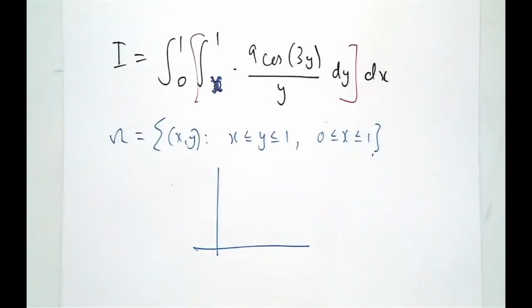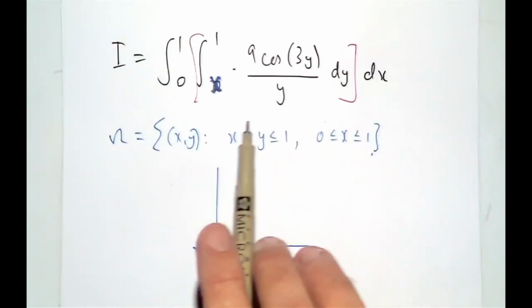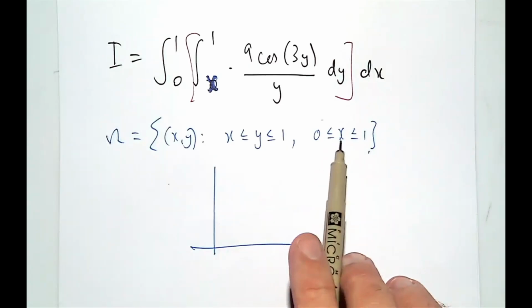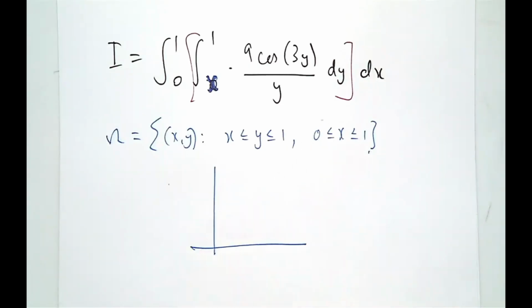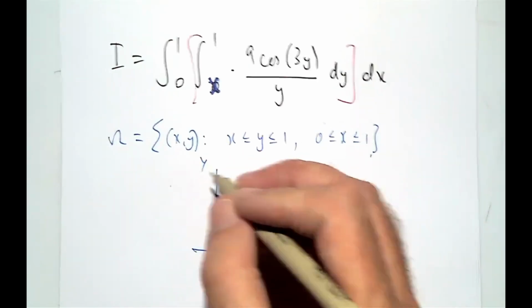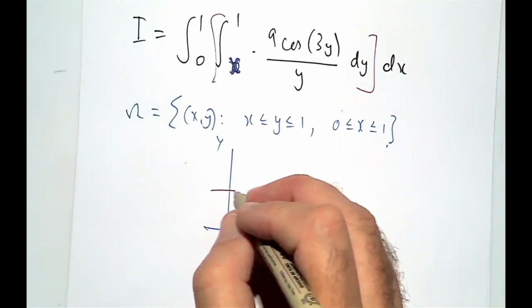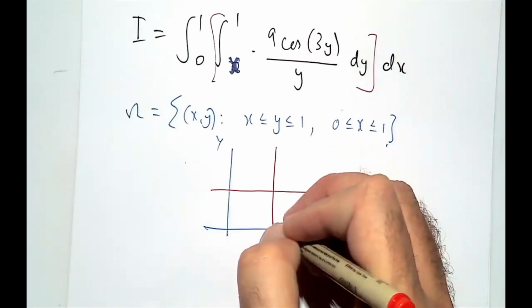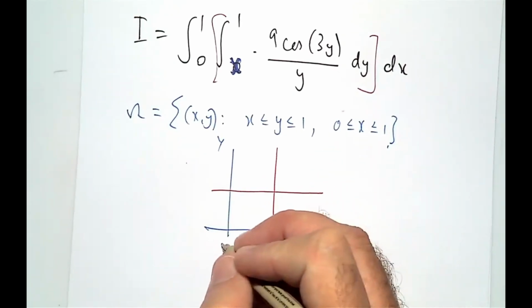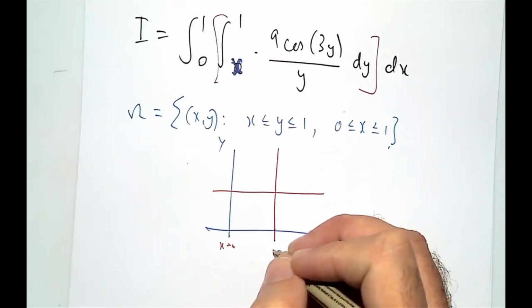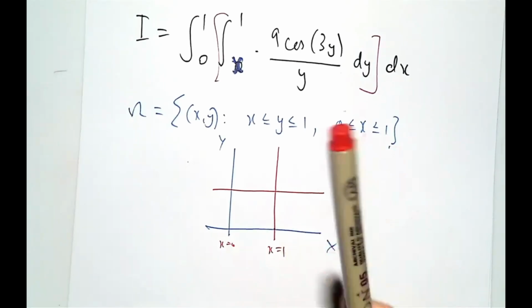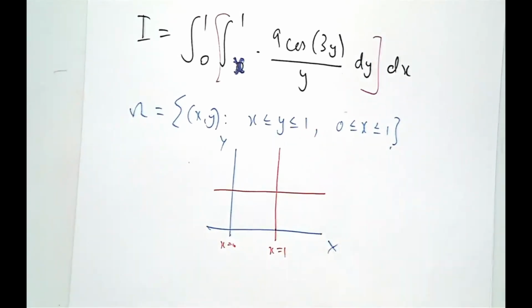So the way I like to draw it, I draw all the boundary parts first. Draw the line x equals 0, that's the y-axis, of course. Draw the line x equals 1. Draw the line y equals 1.